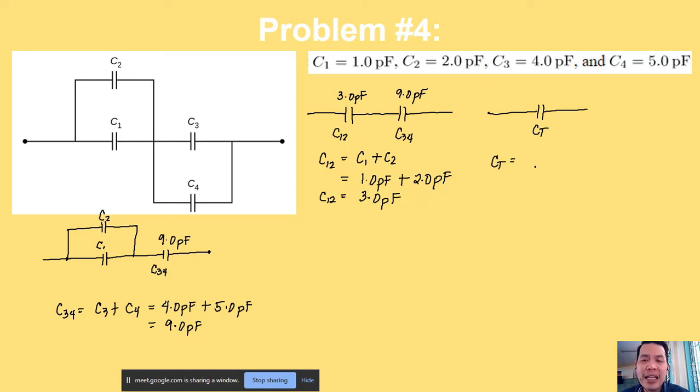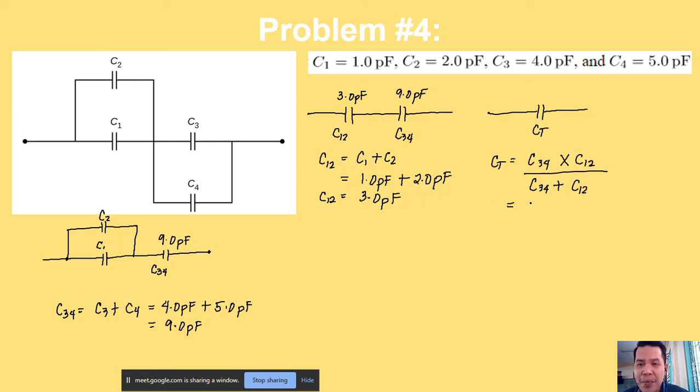So, since they are connected in series, we can use the formula C sub 34 times C sub 1, 2 divided by C sub 34 plus C sub 1, 2.